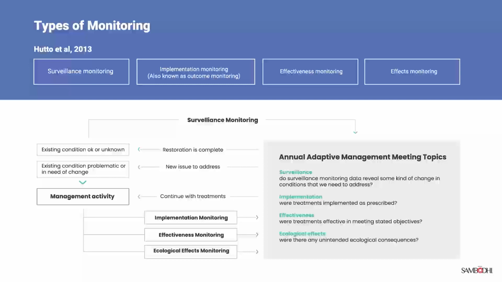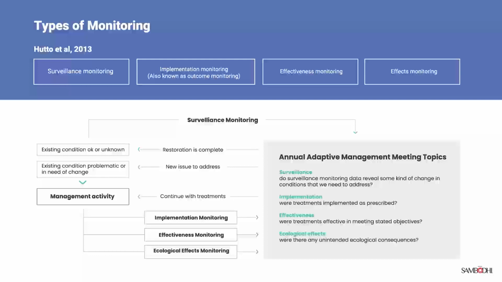Within this framework, we will be able to understand each type. Knowledge of current land conditions emerges from the surveillance monitoring results to identify any changes over time. If current conditions seem undesirable, then the remedy may require on-the-ground activity, where things are actually happening. This will require implementation, effectiveness, and ecological effects monitoring to be conducted for the system.